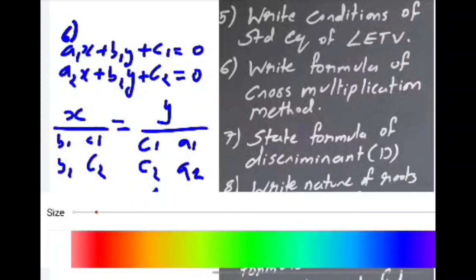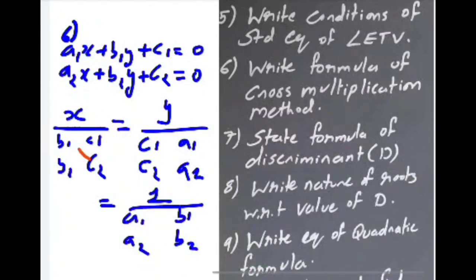Okay, from here onwards you can cross multiply and write the equation. So this is cross multiplication formula, okay, to solve the linear equation in two variables.